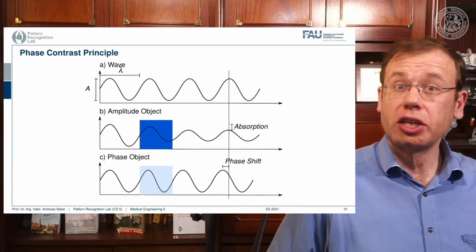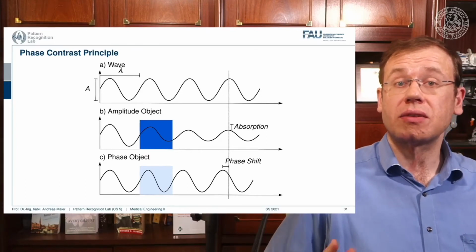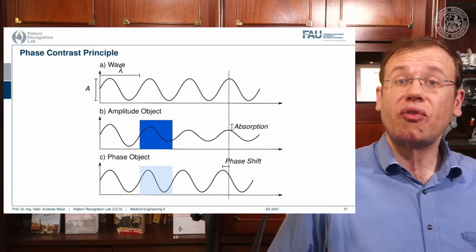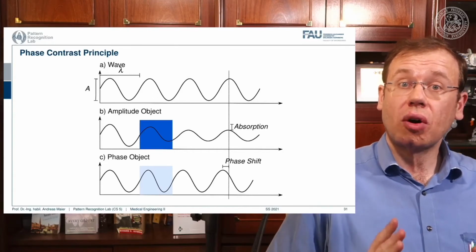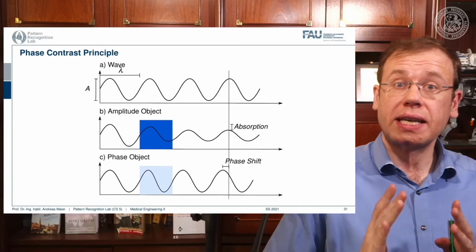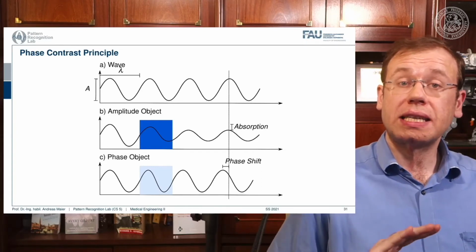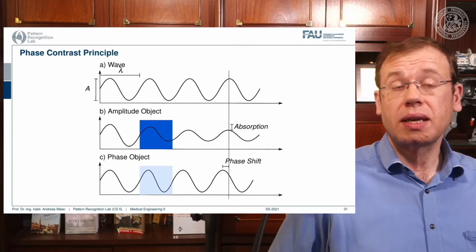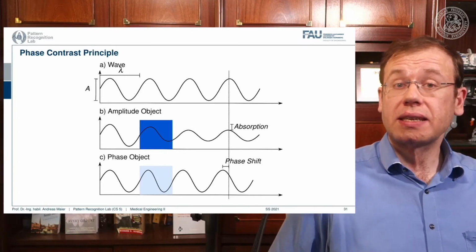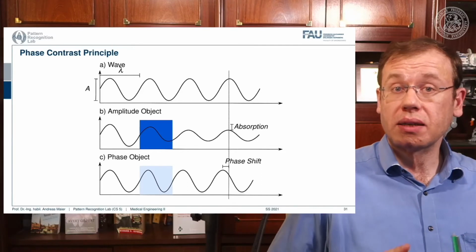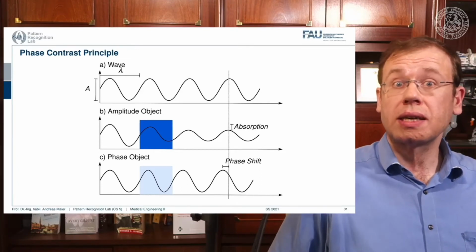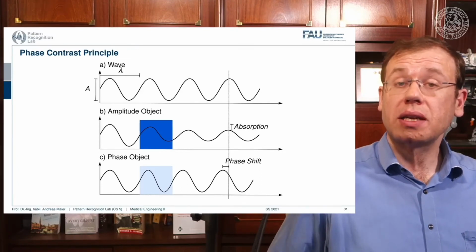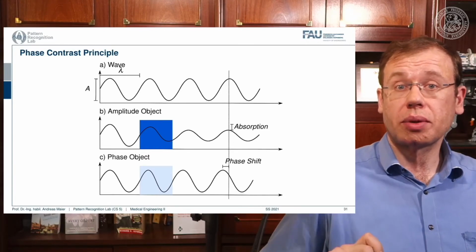So the location of the maximum is shifted, and this is a difference in phase. So the phase contrast is caused by a shift in phase in our light wave, and it's not associated with any change in amplitude. That's a very important effect, and we'll see that we can use this effect in many different measurements, not only concerning visible light, but it's also relevant for X-rays, for example.